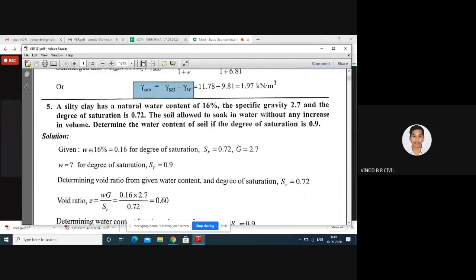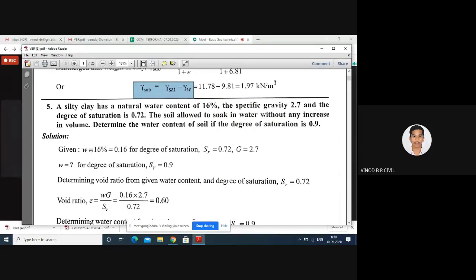A silty clay has a natural water content of 16% and specific gravity 2.7, and the degree of saturation is 0.72. The soil is allowed to soak in water without any increase in volume.